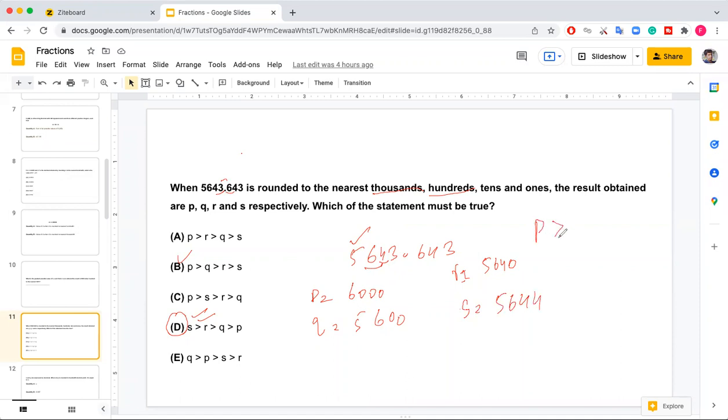P is greater than Q, S is greater than R, and R is greater than Q. Is this right or wrong? Right. Yes. So what is the answer? C. The answer is C.